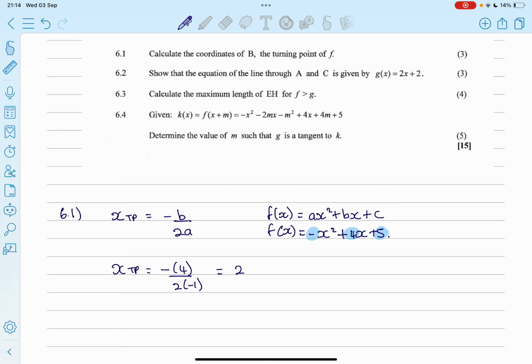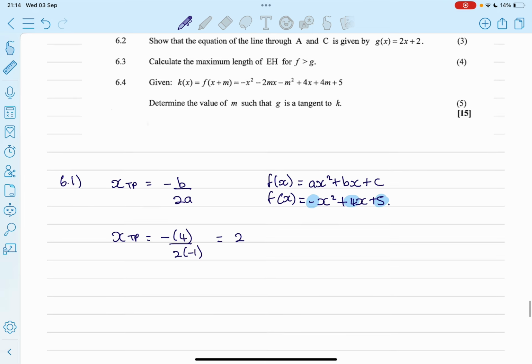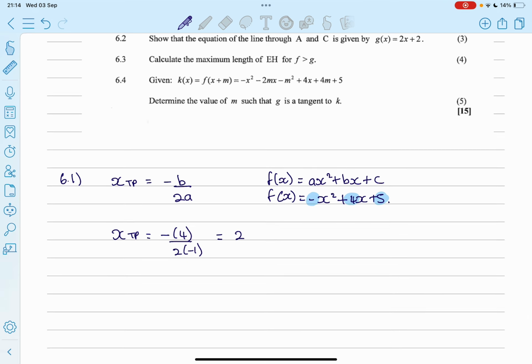Okay, now that we have the x value of our turning point, we need to find the y value. And we're going to use the equation that we have. So the y of our turning point will be equal to negative, and where there's x, we put 2, squared, plus 4 times 2 plus 5.